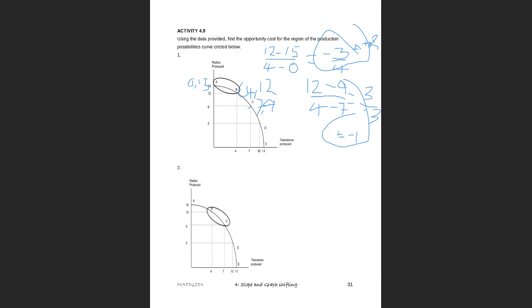Does it make sense to you? Do you understand it?